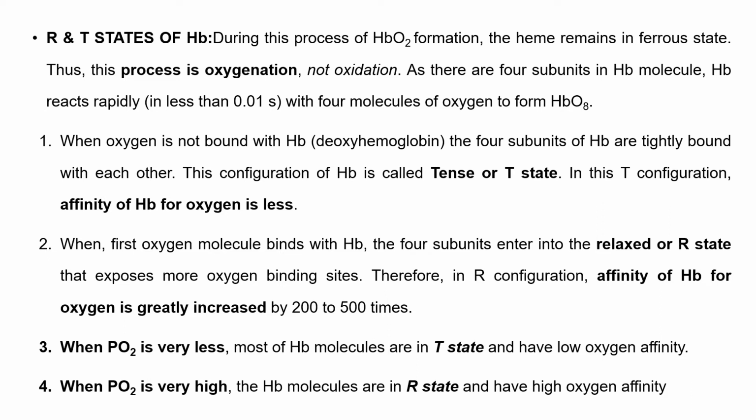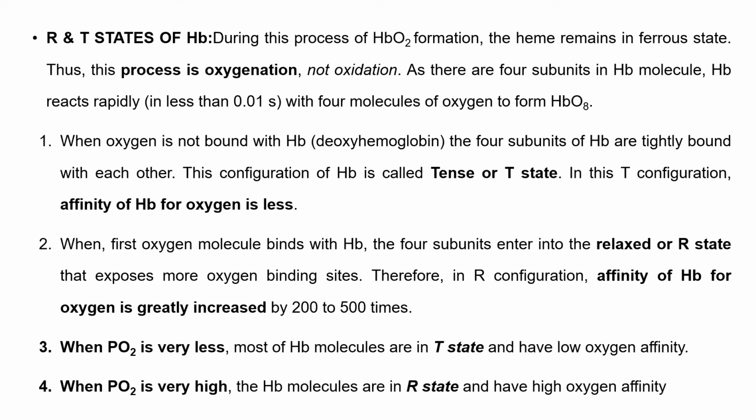When oxygen is not bound with hemoglobin, or the hemoglobin is in the deoxyhemoglobin state, the 4 subunits of hemoglobin are tightly bound with each other. This state is known as T state or tense state. This T configuration of hemoglobin has less affinity for oxygen.